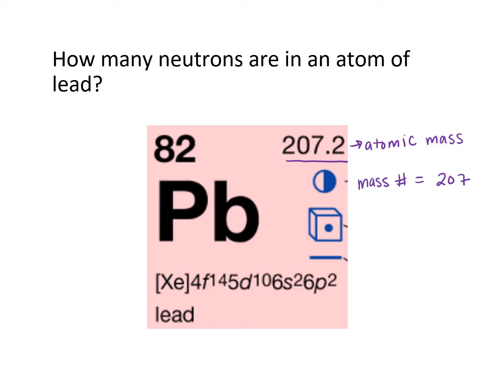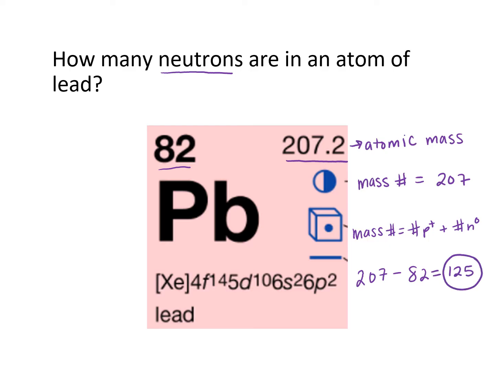We're going to do that equation of mass number equals number of protons plus number of neutrons. We're going to rearrange it to solve for the number of neutrons, which is what our question is asking us to do. So we'll do 207 minus 82, which is what we identified in the last problem as the number of protons, and we get 125 neutrons as our answer.